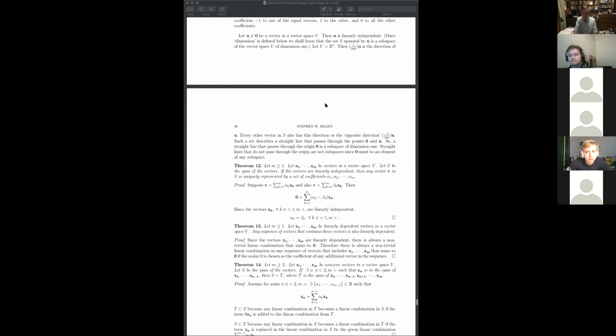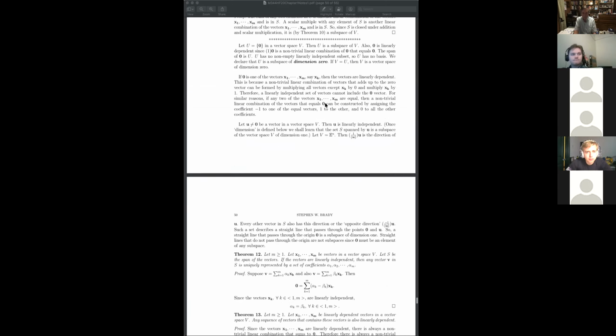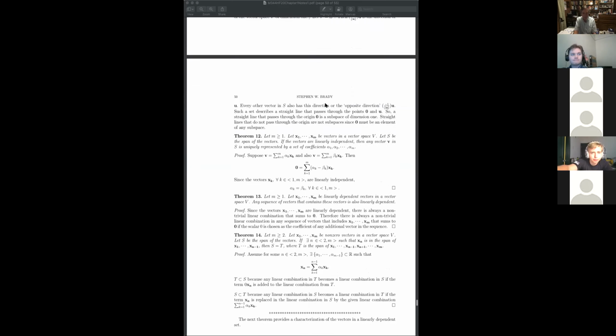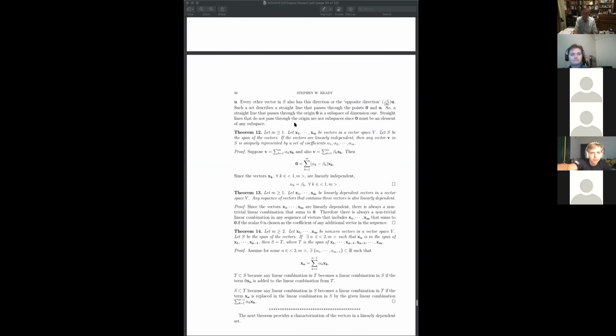Okay. If I have a straight line, so if I take one vector and make up the span of it, I told you a while ago, if you think about it, that's 3 times a vector, 10 times a vector, and so on. That gives you everything on a line, okay?